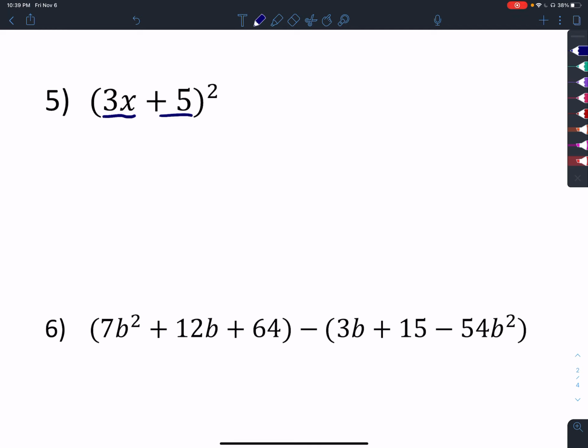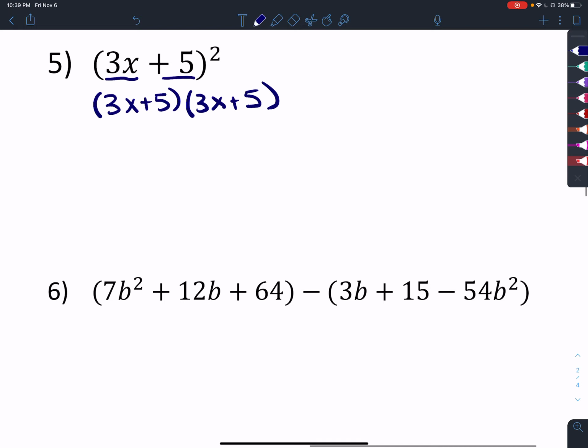What you do is you expand this into a level 2 multiplication. This squared means that everything inside the bracket, so the entire 3x plus 5, gets multiplied by itself. So we have 2 of them multiplying each other. So we expand that out to a level 2 multiplication, and then we have to do that level 2 multiplication.